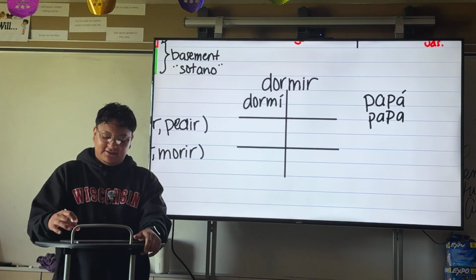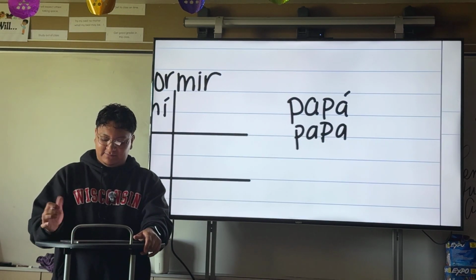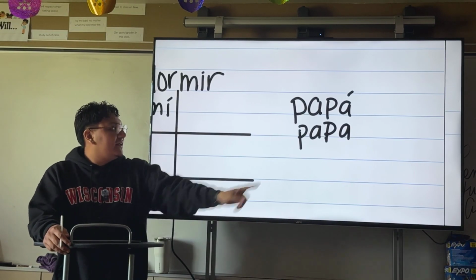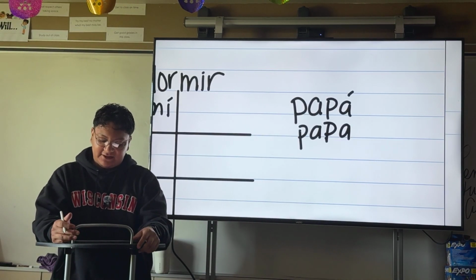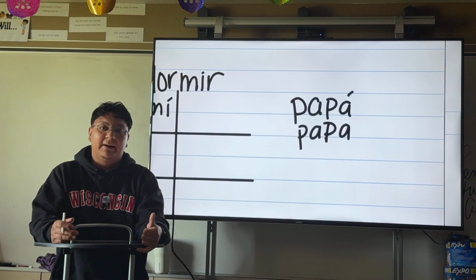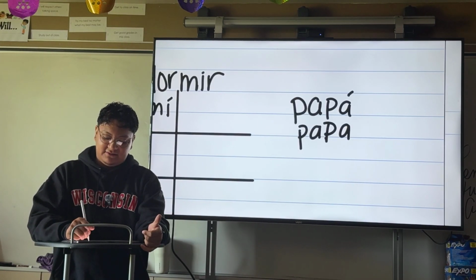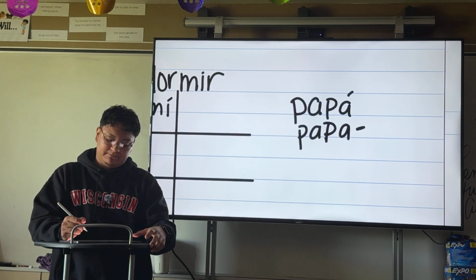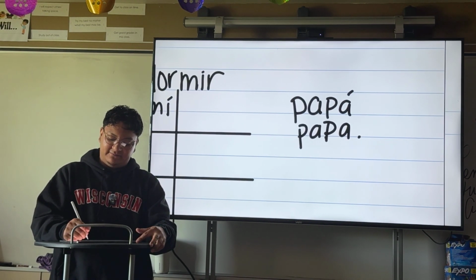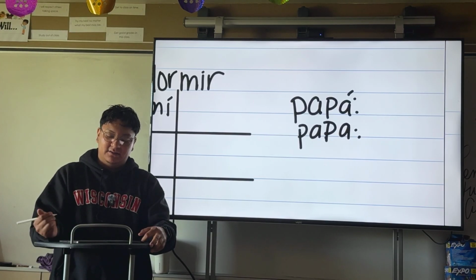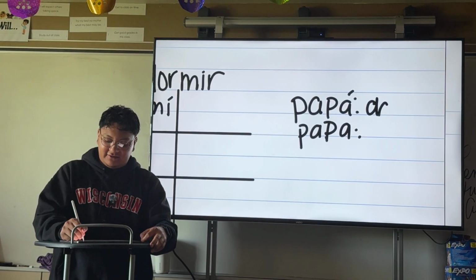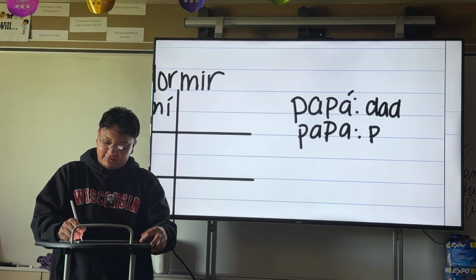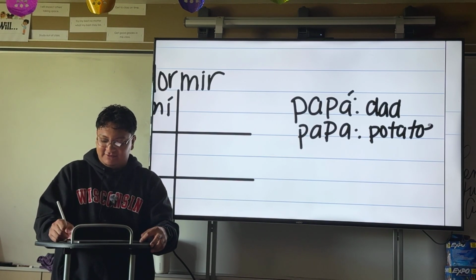We have two words spelled almost identical, except for one tiny change: the accent over the letter A in that first word. So we have papa, this one, and then we have this one, papa. And here's why it's important. Papá is dad. Papa is potato or potatoes.